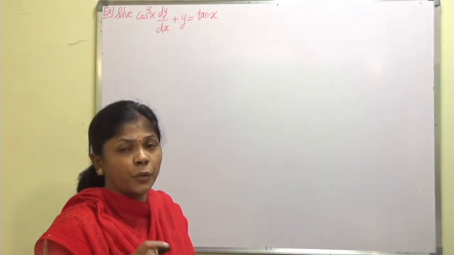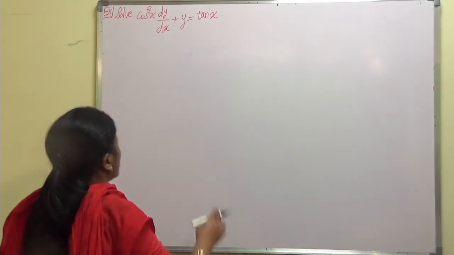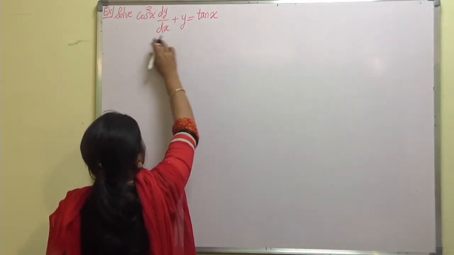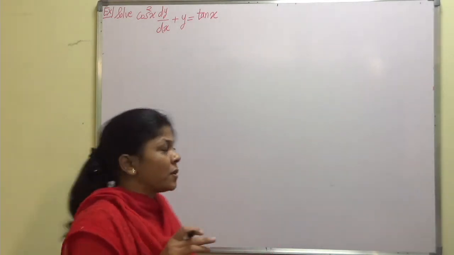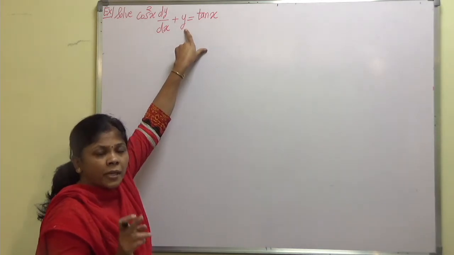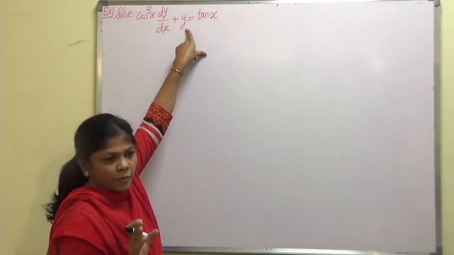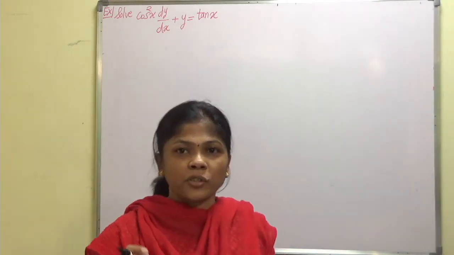That we need to verify. Listen carefully: you have to just see the powers of x and y, the functions of x and y. Here I am having a completely algebraic term with power 1 for y. So this has to be a linear differential equation in y.